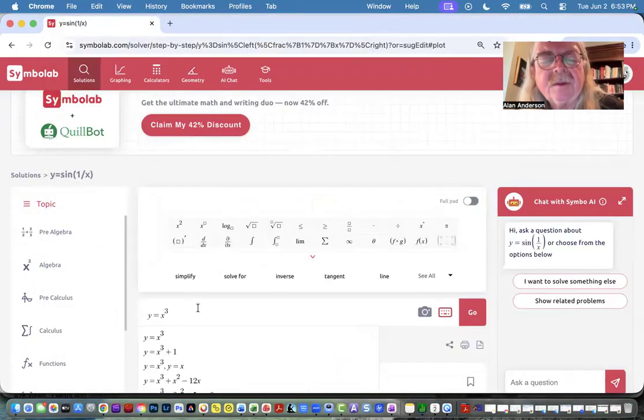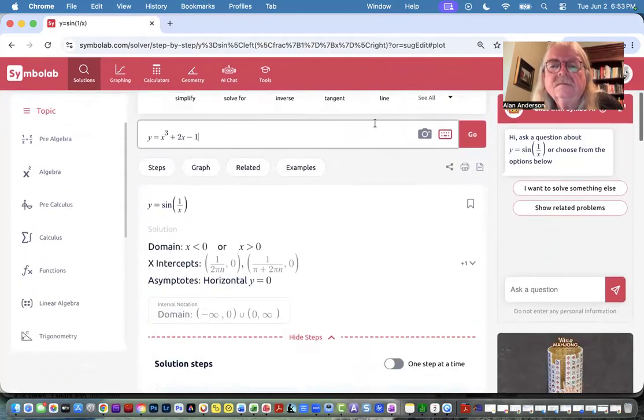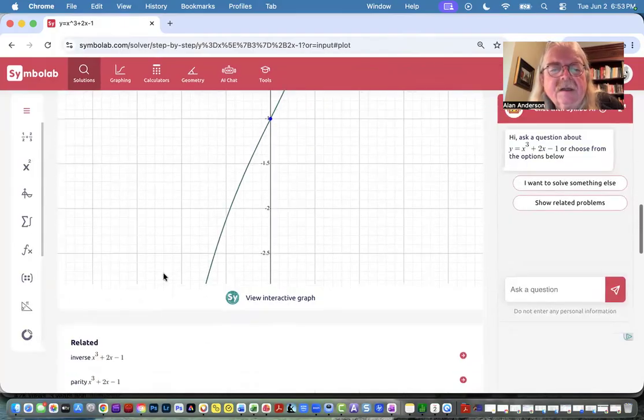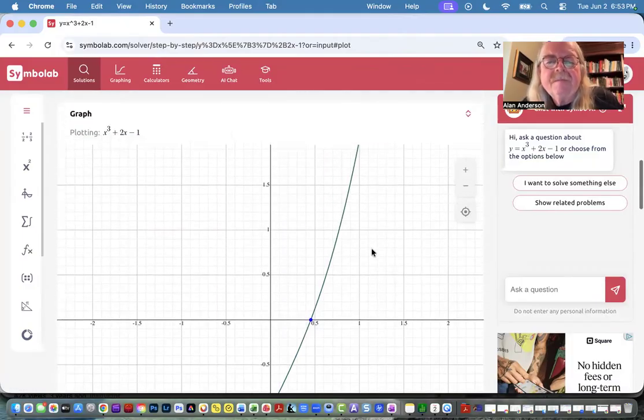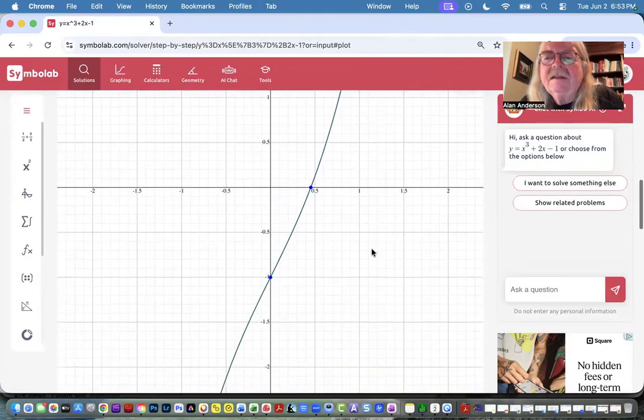All right, what do we have? x cubed plus 2x minus 1. Graph. All right, here we go. Well, it's kind of interesting. Now, there is a solution here. It's not a nice number, it looks like, but there is a solution. It's kind of flat.